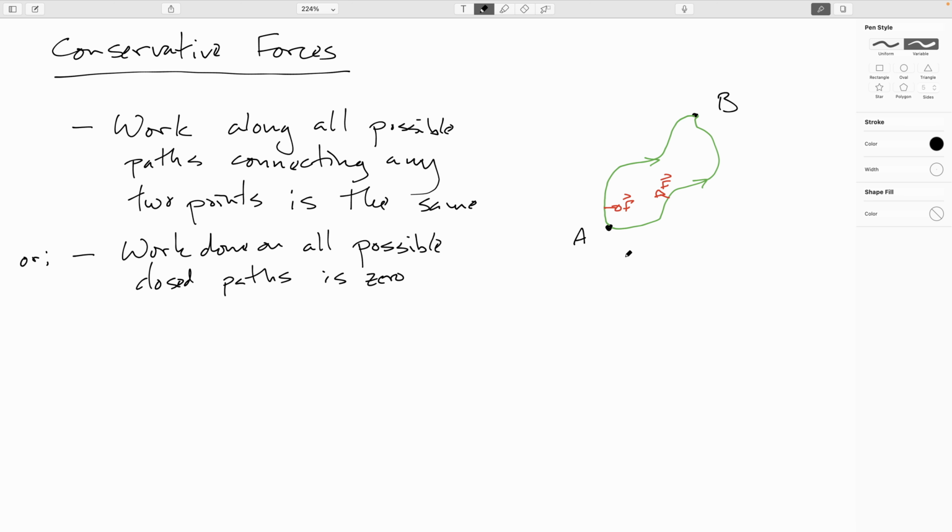So it sounds like it's pretty terrible to show that a force is conservative. So let's at least start by identifying an example of a force that's not conservative.